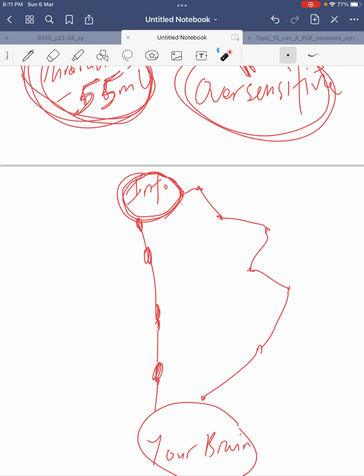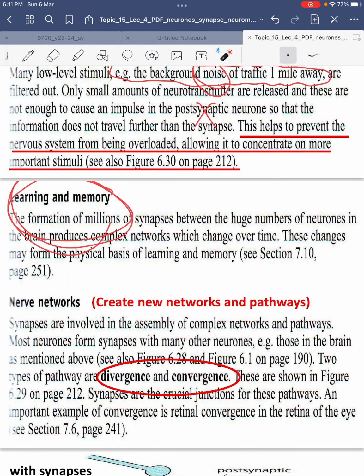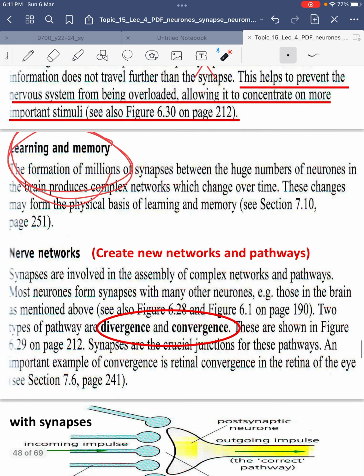Why are you able to memorize it quickly now? Because your brain has formed new synapses between the existing neurons, and that's why you're able to recall that information faster. So that's about learning and memory.